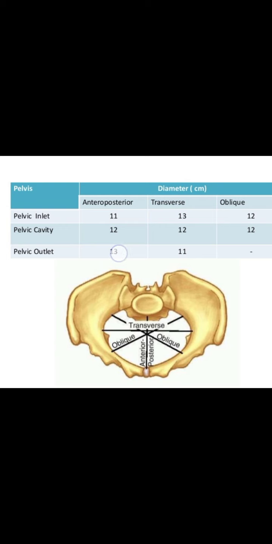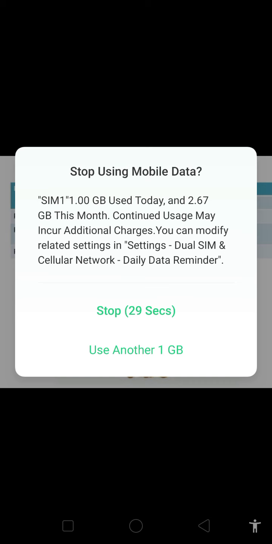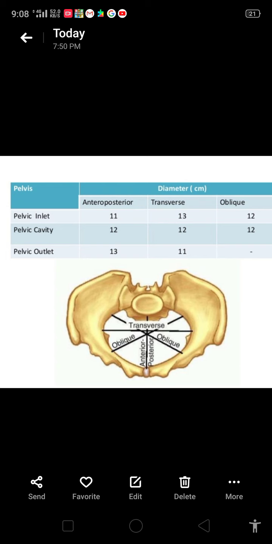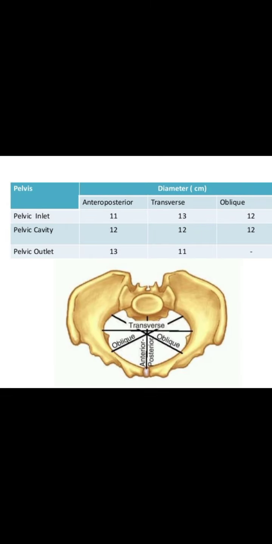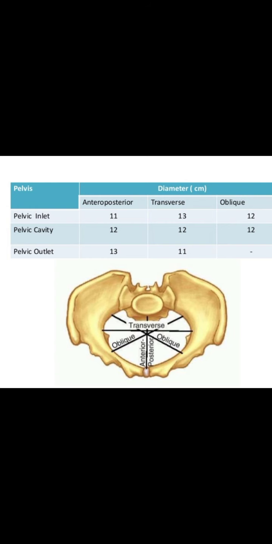Next is the oblique diameter, which is 12 centimeters, and it extends from the right and left sacrospinous ligament to the obturator foramen.